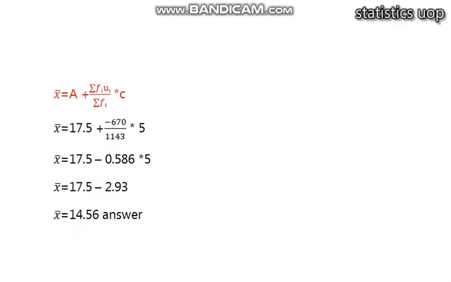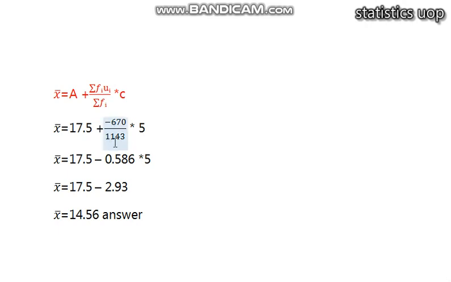Now the formula that is used for the step deviation method is x bar is equal to a plus summation fiui divided by summation fi, multiplied by c. Here a is 17.5, summation fiui is minus 670 and summation fi is 1143, multiplied by c, where c is 5.